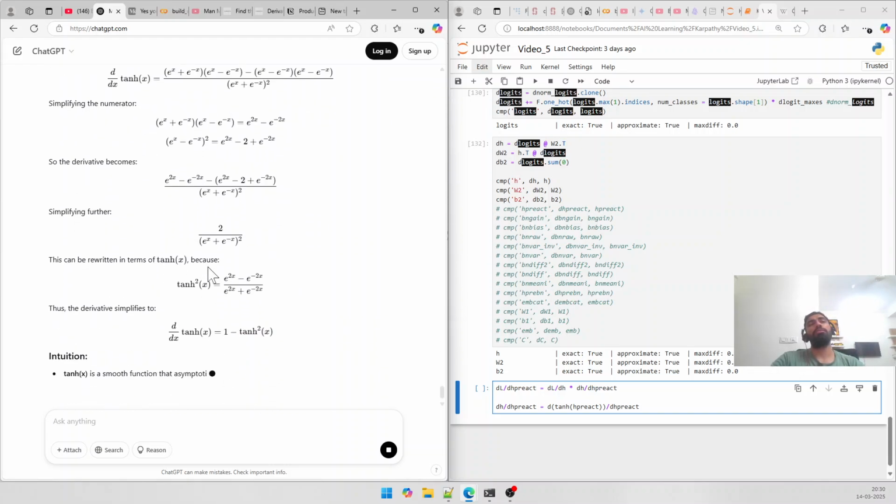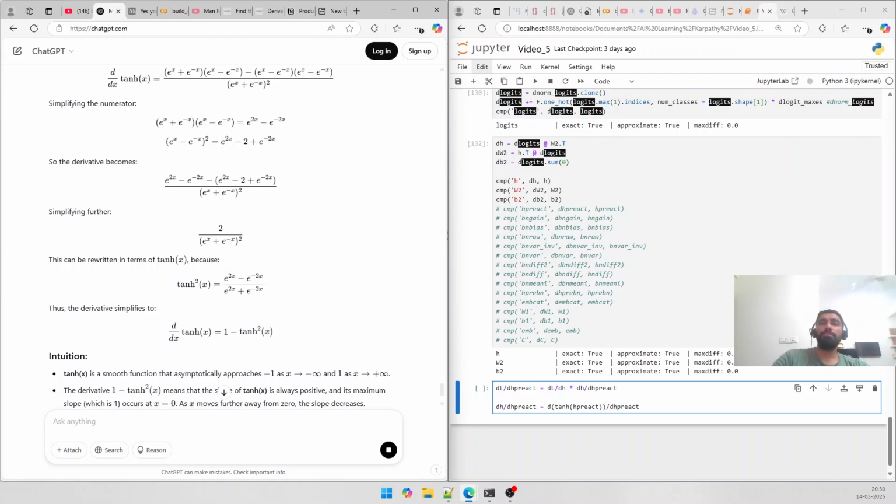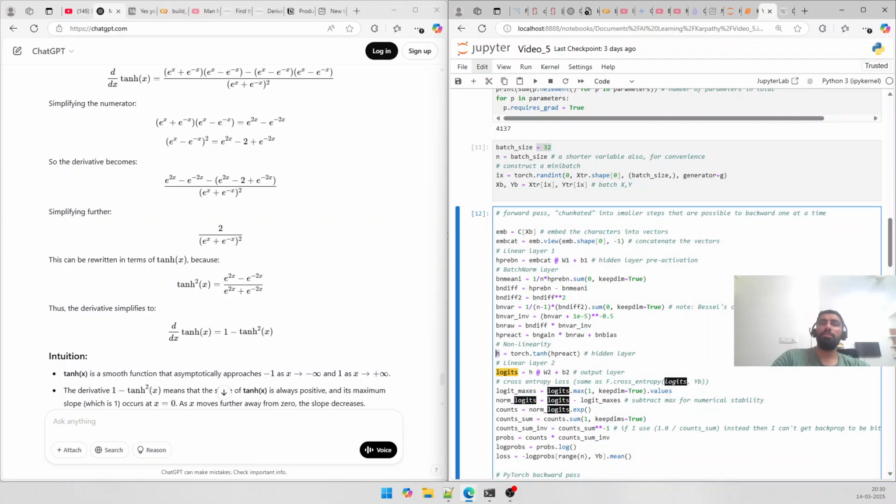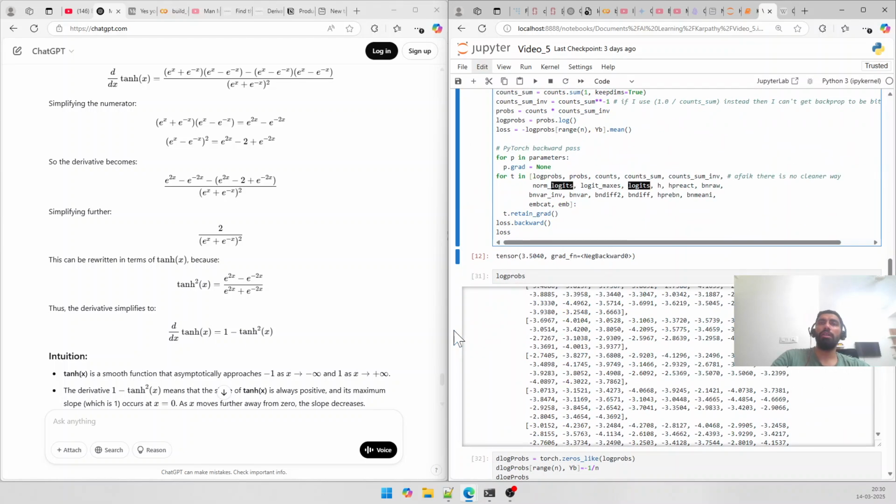We're not interested in the explanation anyway. H is tan h, so 1 minus h square.